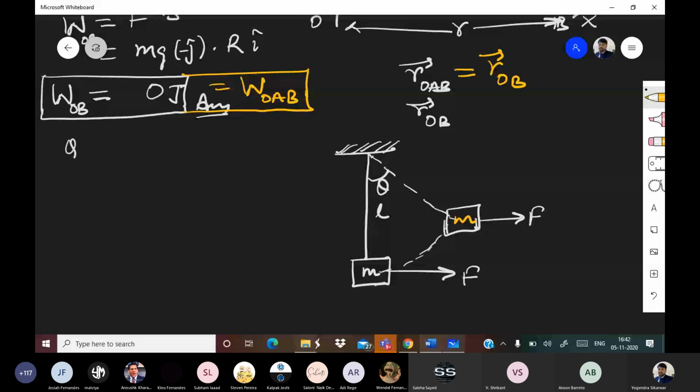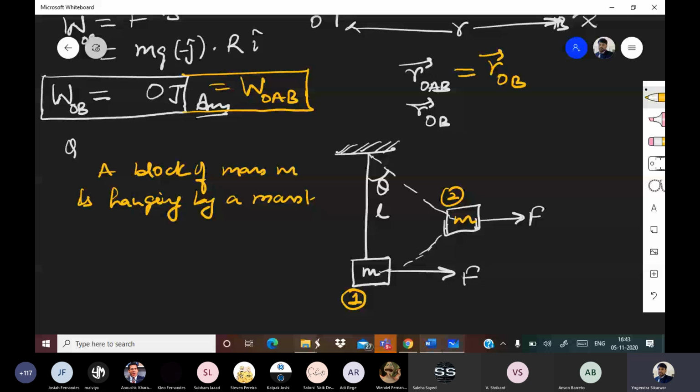So in this question, a block of mass M, this is situation 1 and this is situation 2. A block of mass M is hanging by a massless string of length L in situation 1.